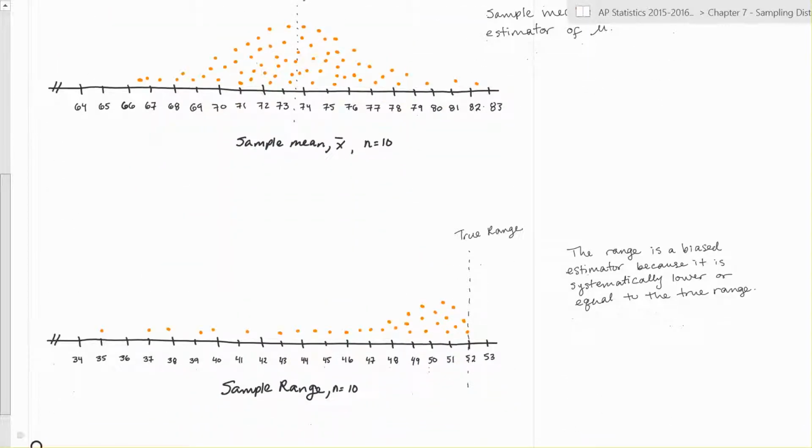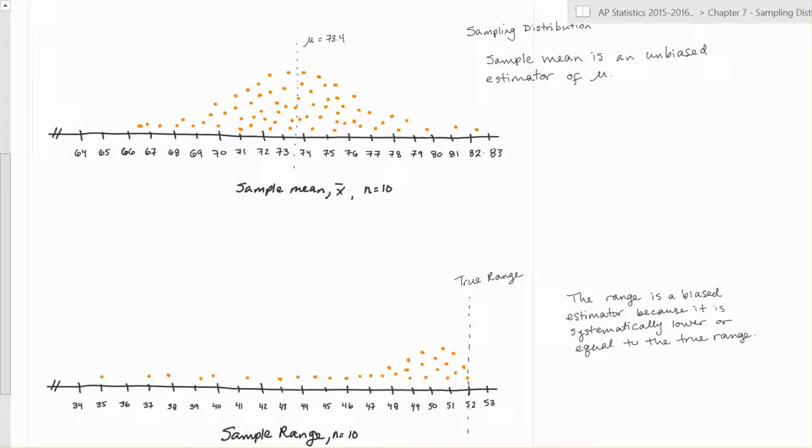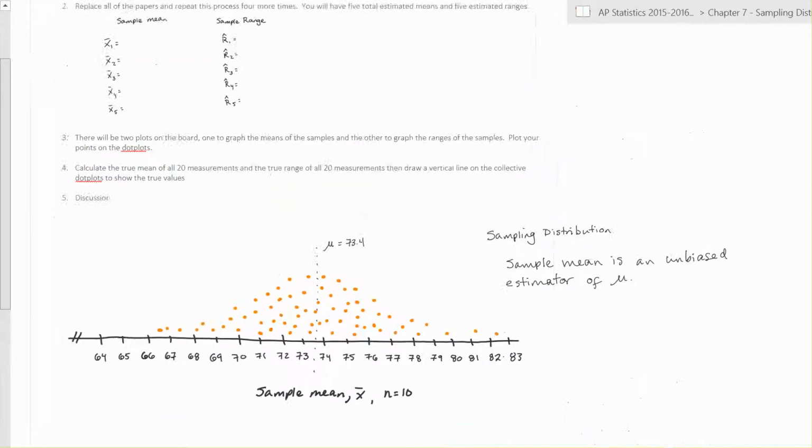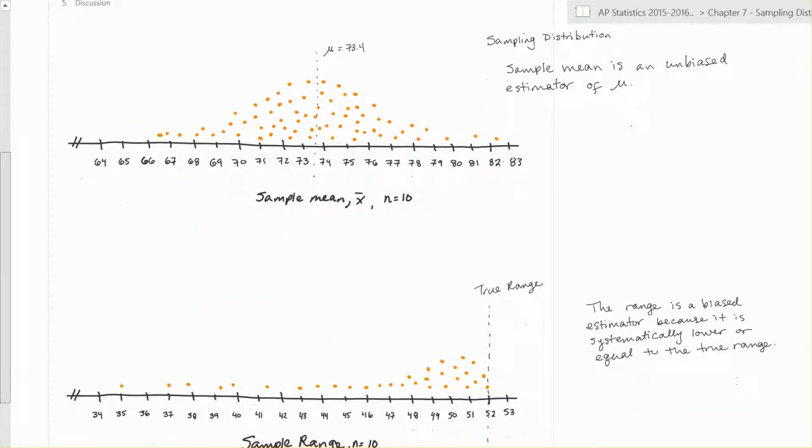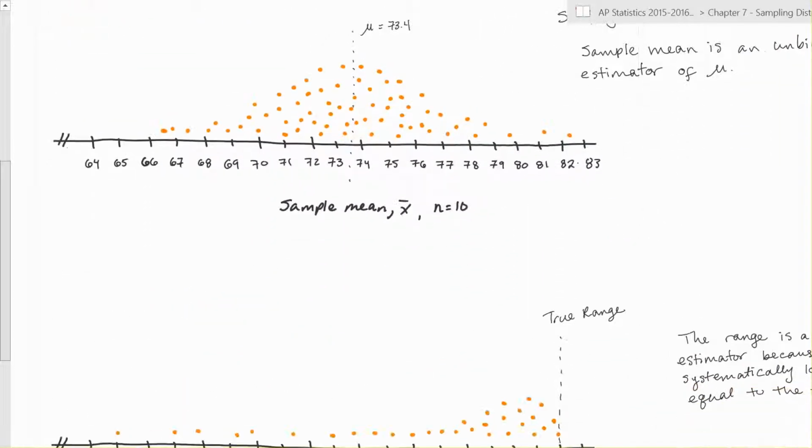Now, one more thing to talk about is variability. Our focus in this activity is bias and variability. Anytime we try to estimate something about a population, we encounter variability. That variability has to do with the differences that each person sees in the sample data they collect from the population.